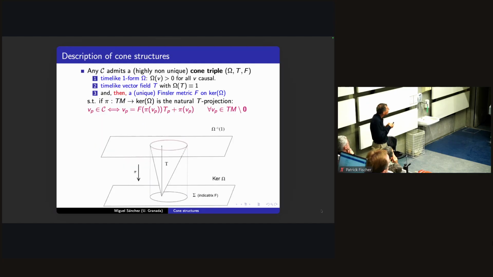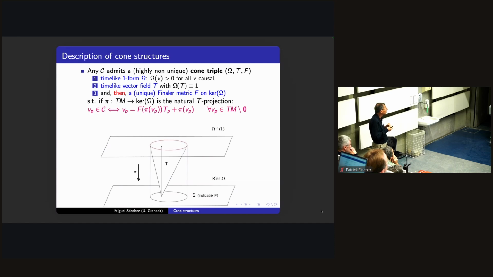Well, a cone structure can be described nicely by using cone triples. A cone triple, omega, T, F, is composed by a one-form omega, which is positive on the cone. So this hyperplane, which is the one-form equal to one, intersects transversally the cone.